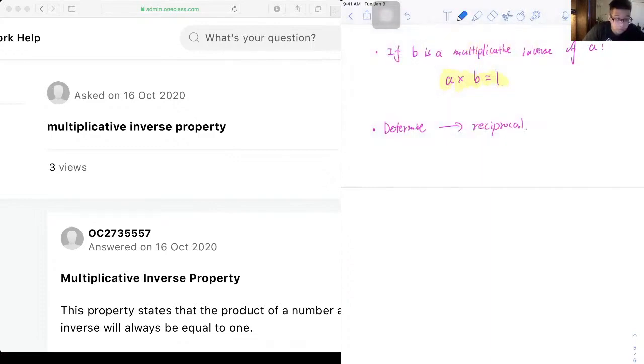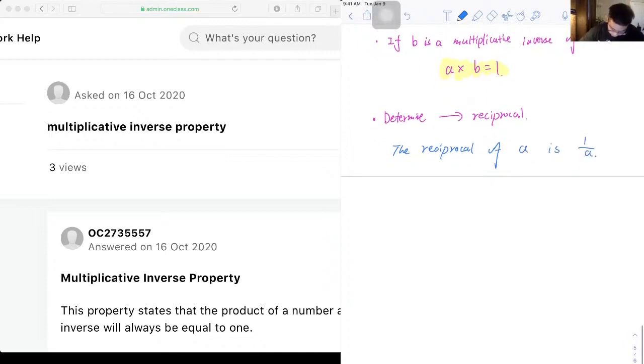The reciprocal of A is just 1 over A. The reciprocal of 3 is just 1 over 3, and the reciprocal of 4 is just 1 over 4. So this means the multiplicative inverse of A is B, which is equal to 1 over A.